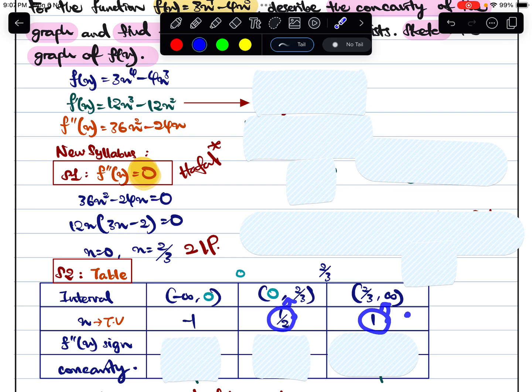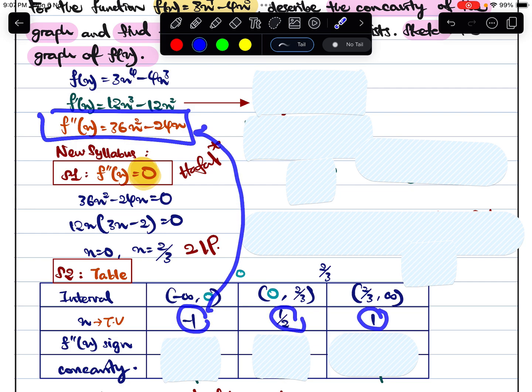And same goes for this one. You can choose the number 2, 3, and so on. Just choose a number that is easy to sub into the second derivative. Where is your second derivative? There you go. So sub this value into the second derivative function, and then you will get a sign, whether it's a positive sign or a negative sign.